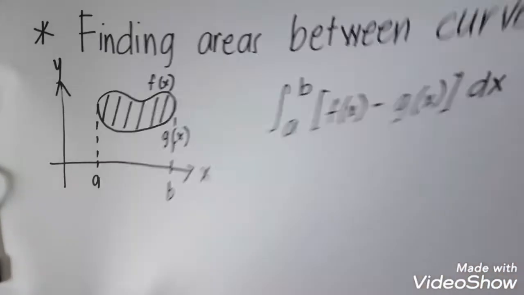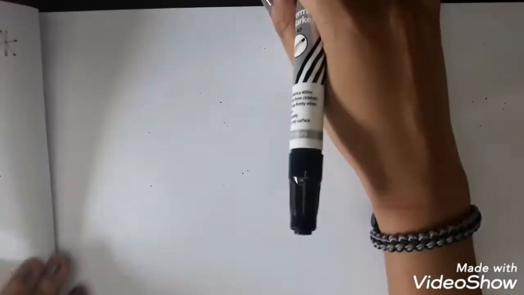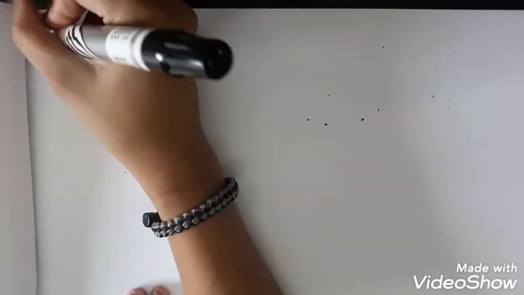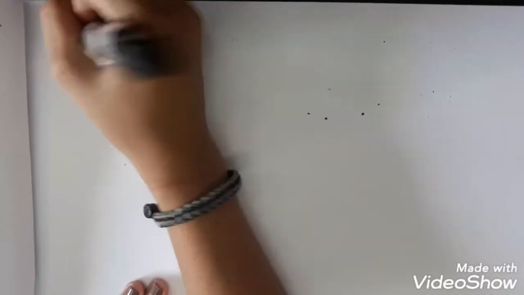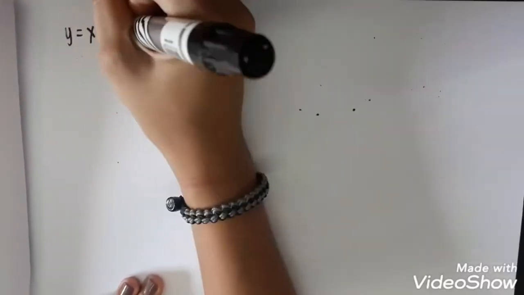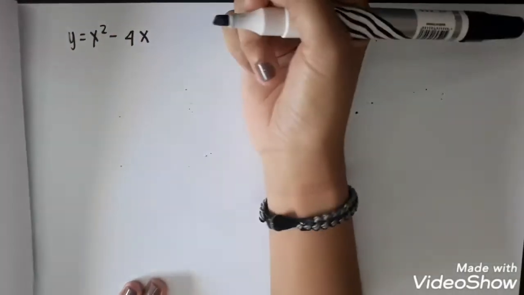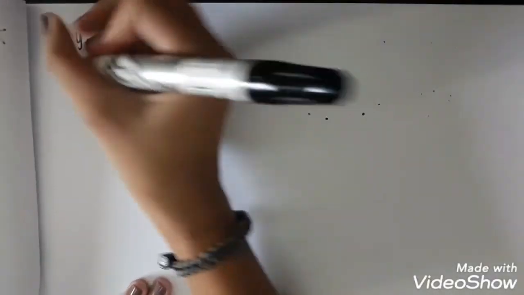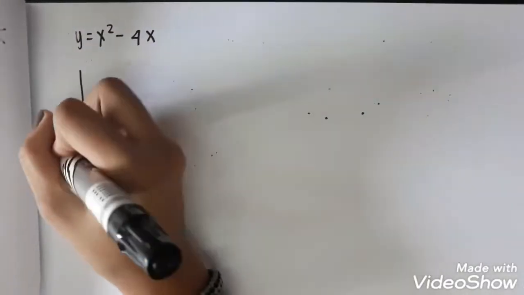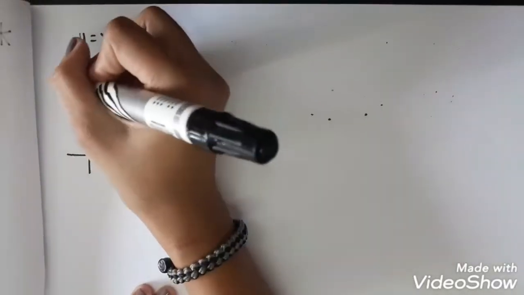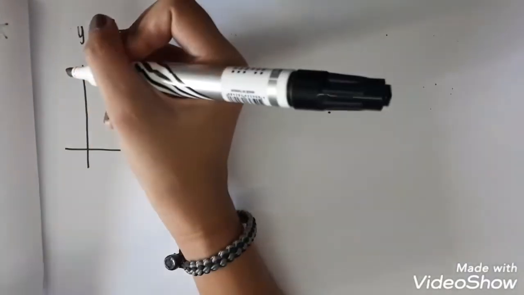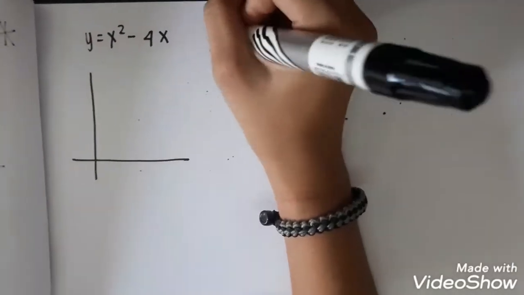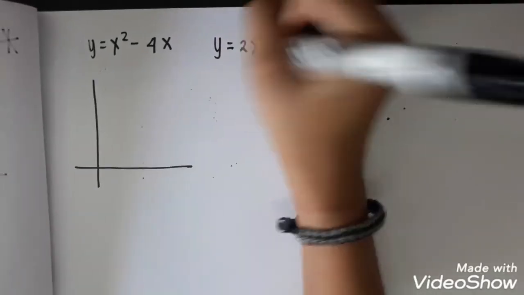So let's have an example. The first given is y equals x squared minus 4x. Since it's x squared, that means it's a parabola. So we'll put it this way. And then another given is y equals 2x.